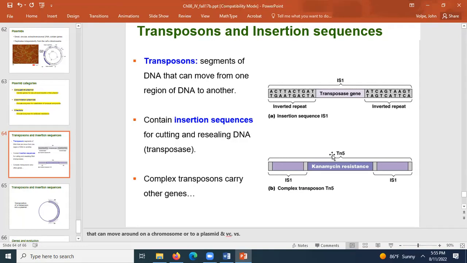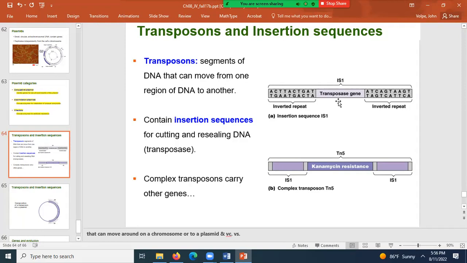All right. Transposons, besides having the inverted repeats or the insertion sequences, always have the transposase gene between the inverted repeats. So to be a transposon, you have to have the enzyme transposase.